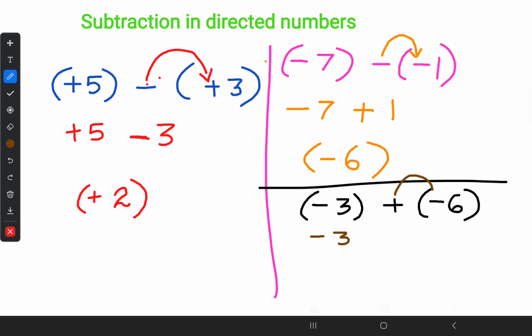Here, the multiplication of positive into negative would be negative 6. Both are the same direction, even though it is negative. So you should add them. 3 plus 6 is 9. The common direction for both of them is negative. This is the way you should operate with the subtraction.